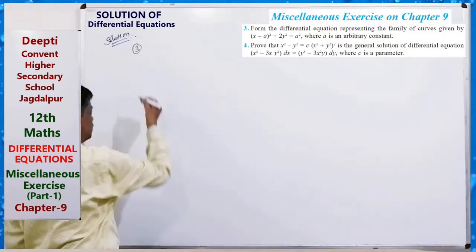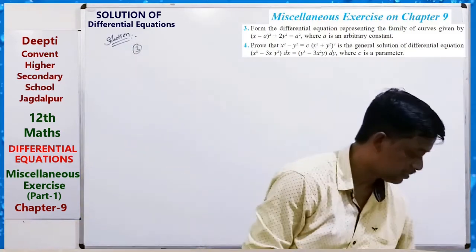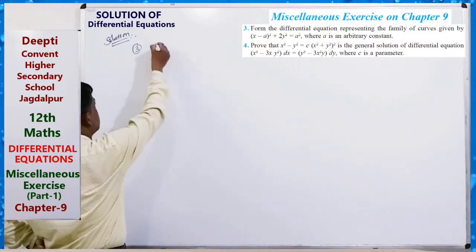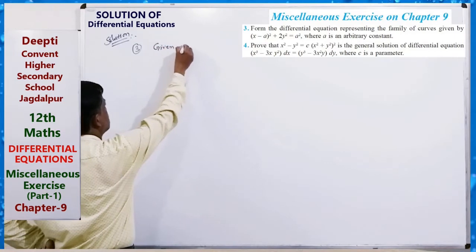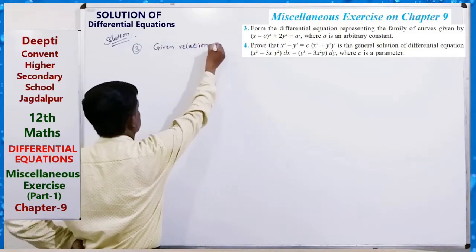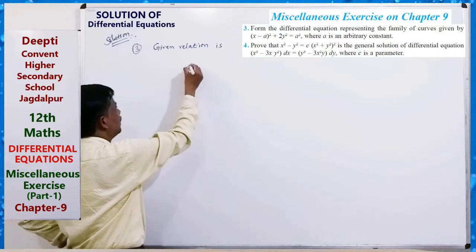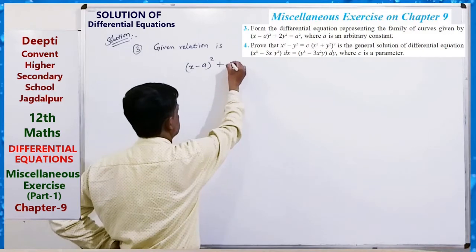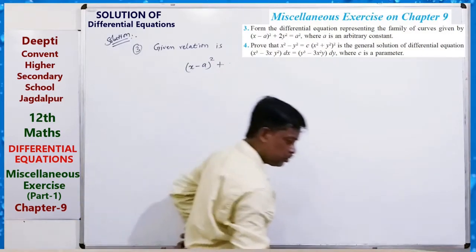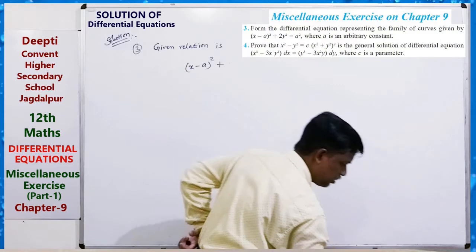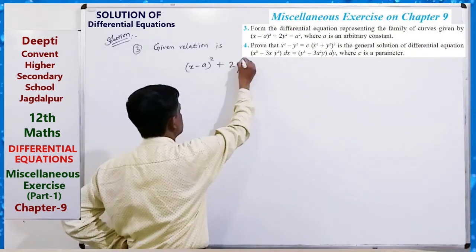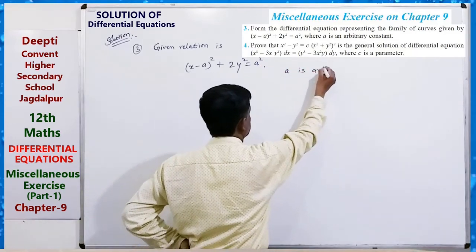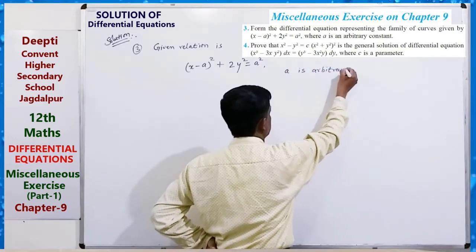The given relation is x minus a whole square plus 2y square equals a square, where a is an arbitrary constant.